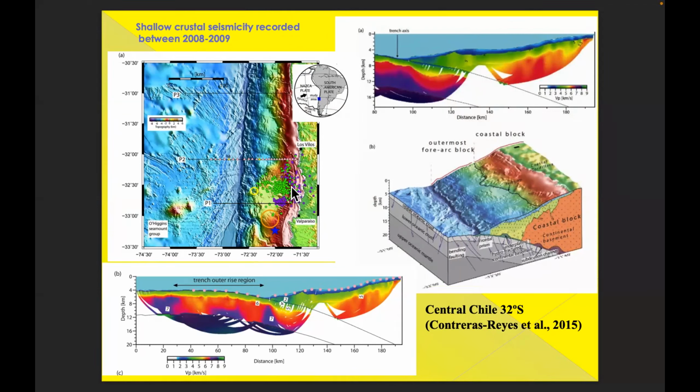Also, this area is very active seismically, and it is the area of the collision of the Juan Fernandez Ridge. We had an earthquake of 7.8 in 1985, and sometimes we have crustal seismicity, I would say shallow crustal seismicity, in the area. These events are from 2008 and 2009, recorded by the Chilean Seismological Network.